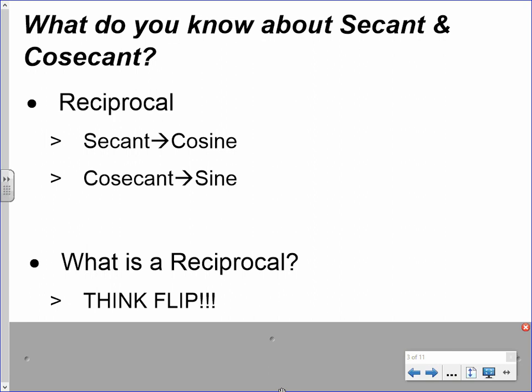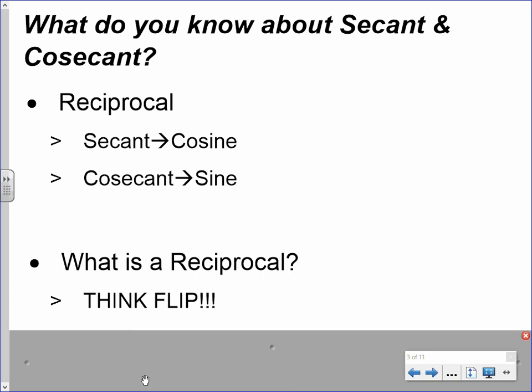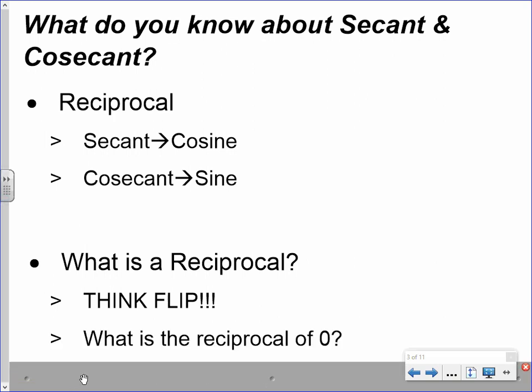Sine can be 0, right, at 0, pi, 2 pi. Cosine is 0 at pi over 2, 3 pi over 2. What happens when we try to take the reciprocal of 0? We get an undefined value, okay? If we try to take the reciprocal of 0, we get an undefined value.